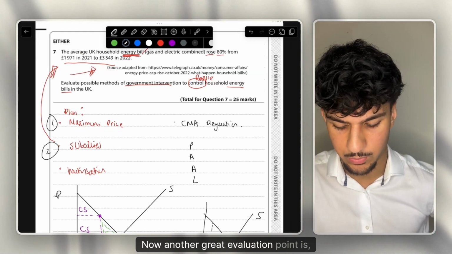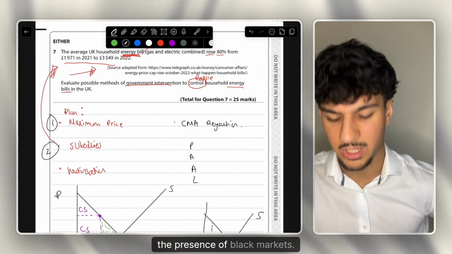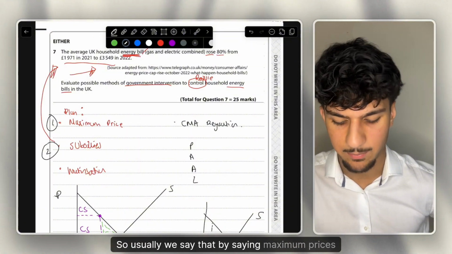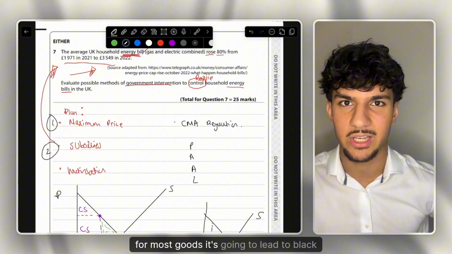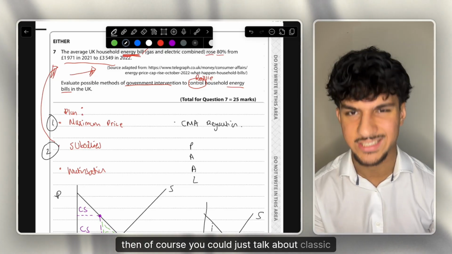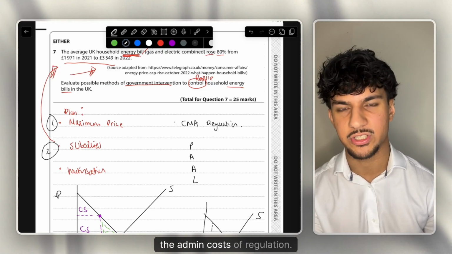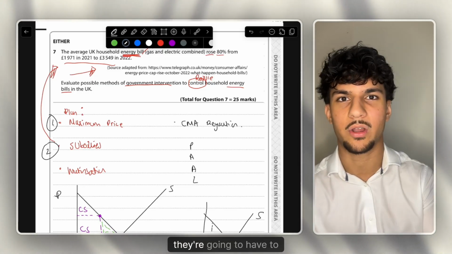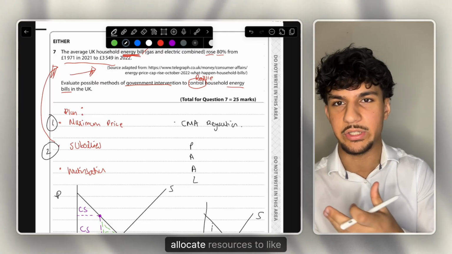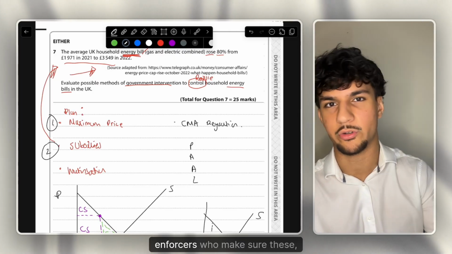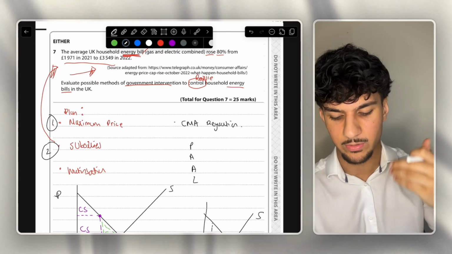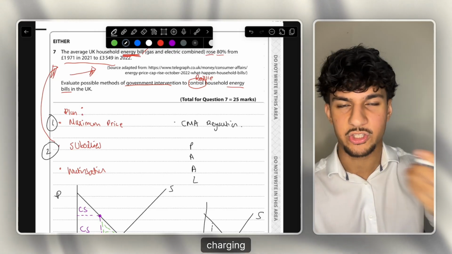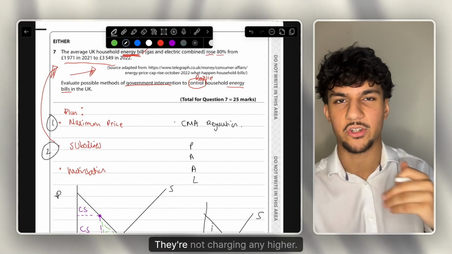Now, another great evaluation point is the presence of black markets. So usually we say that by setting maximum prices for most goods, it's going to lead to black markets. And of course, you could just talk about classic ones like the admin costs of regulation, as they're going to have to spend tax money, allocating resources to enforcers who make sure these energy firms are charging that maximum price and not charging any higher.